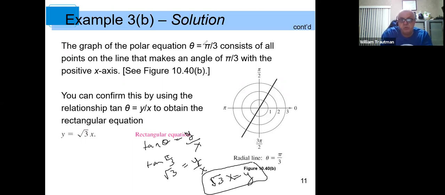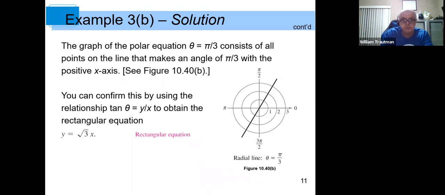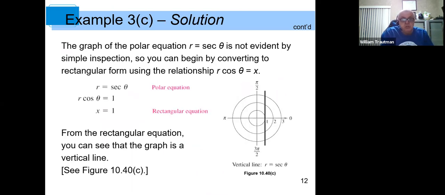And we have one more. R secant theta. Well, we can also go to the formulas and show that secant is 1 over cosine.